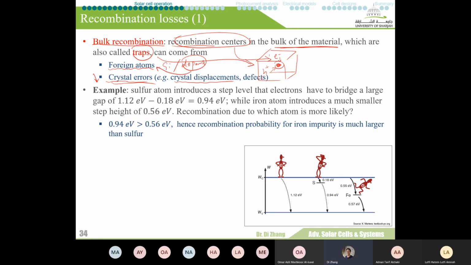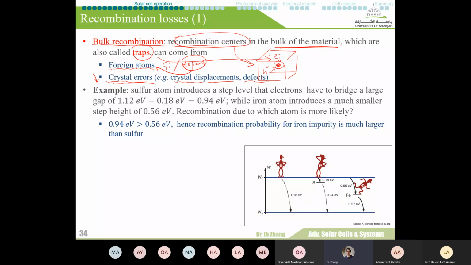For instance, if you have pure monocrystalline silicon, then you have minimal crystal displacement or crystal defects, because practically the whole silicon wafer is within the same crystal grain. So basically they always follow the same arrangement, the same structure.